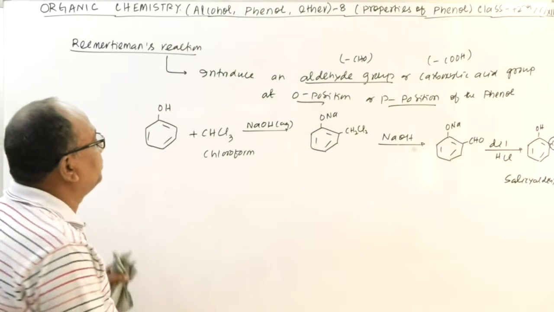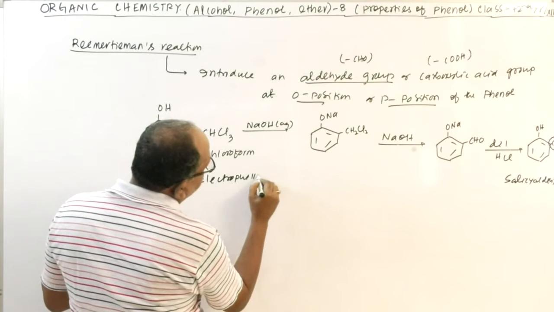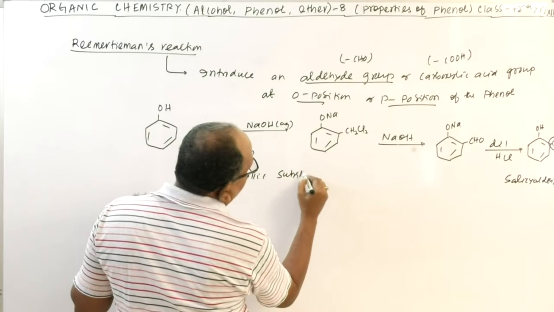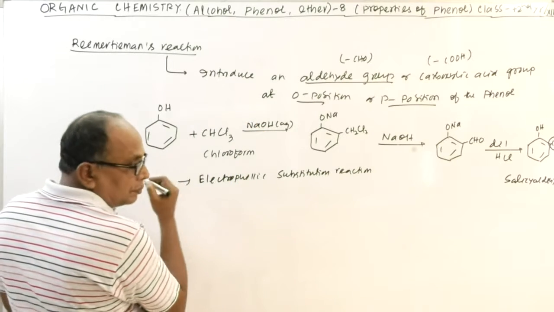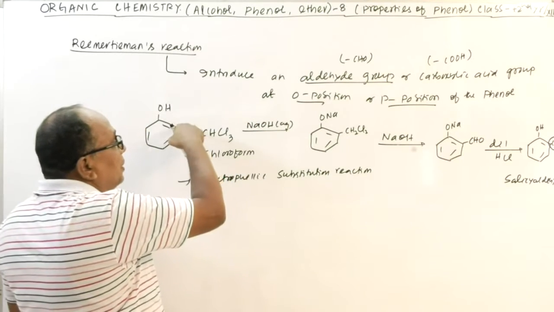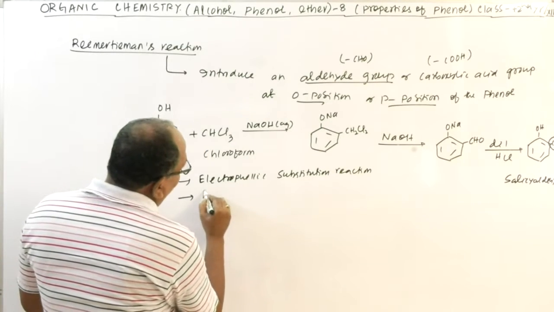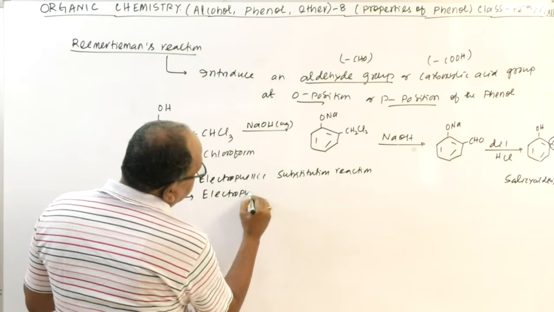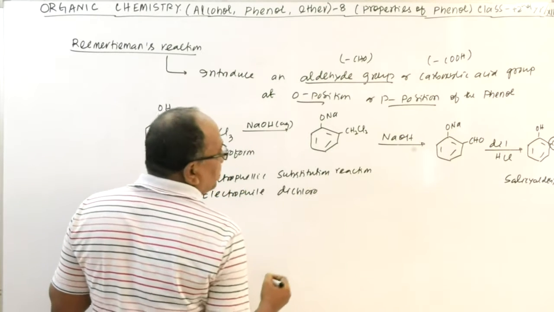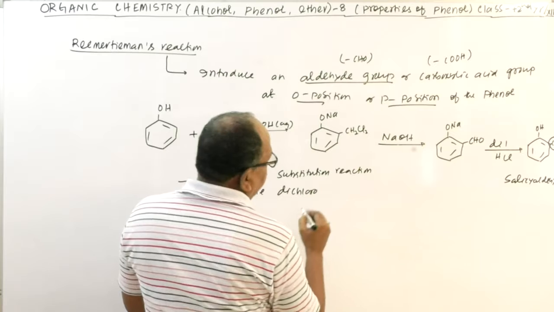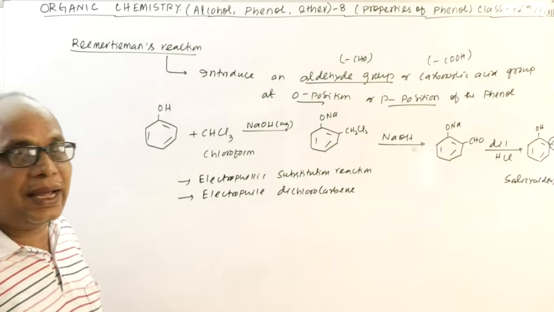Here is one type of electrophilic substitution reaction, because a hydrogen atom of the benzene ring is substituted by an electrophile, and the electrophile is dichlorocarbene. What is the electrophile here? Dichlorocarbene.